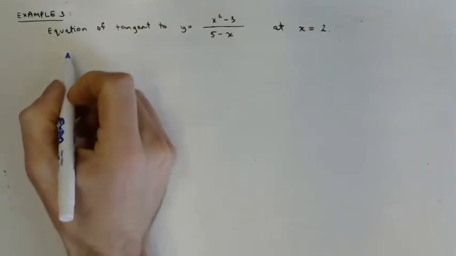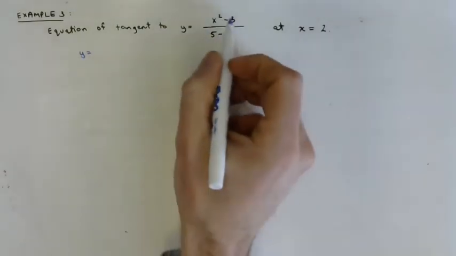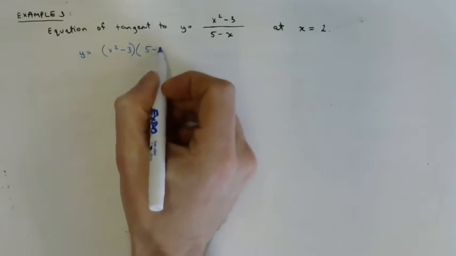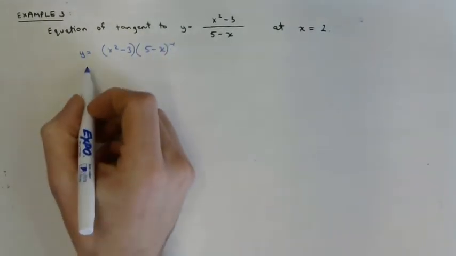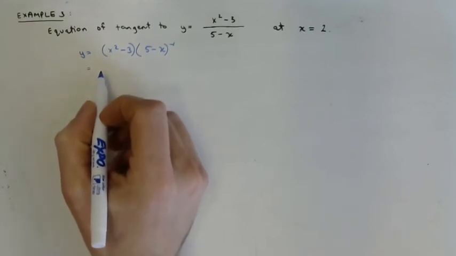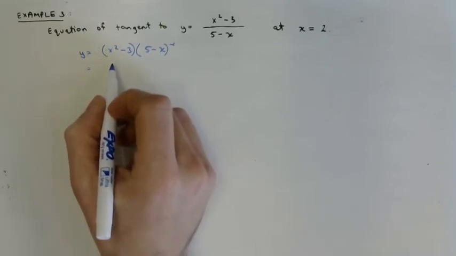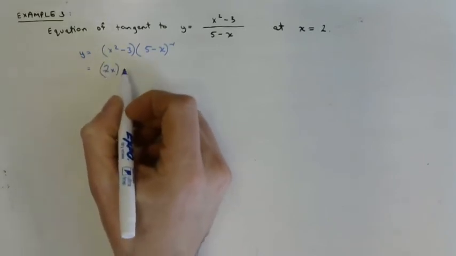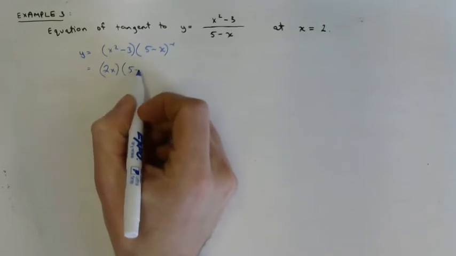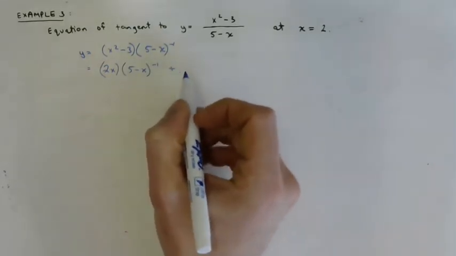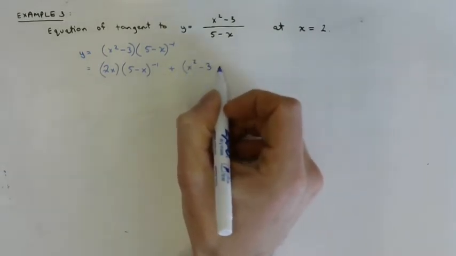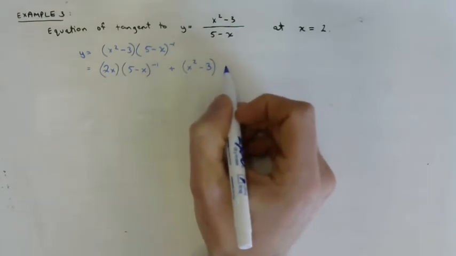So following our steps a little more quickly, we're going to turn this into a product function. So we have x squared minus 3 times 5 minus x to the power of negative 1. Apply the chain rule. Chain rule says take the derivative of the first function, which is 2x, multiply it by the second function, 5 minus x to the power of negative 1, add the product of the first function, x squared minus 3, times the derivative of the second function.